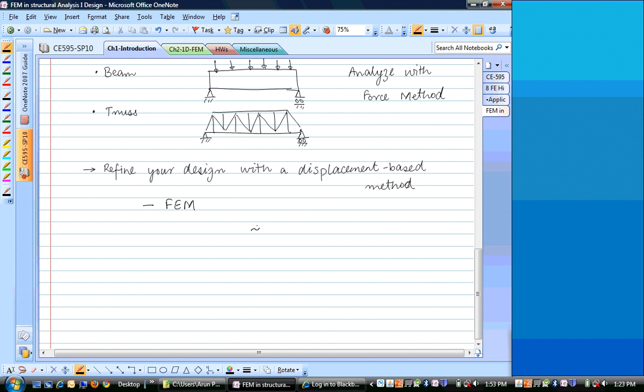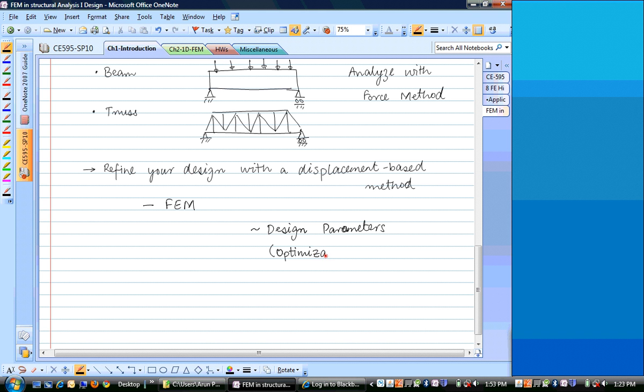Once you have a design, let's say design parameters, that how many members should be there, how thick each member should be, those are all called design parameters. Then you can go and set up your problem as an optimization problem.